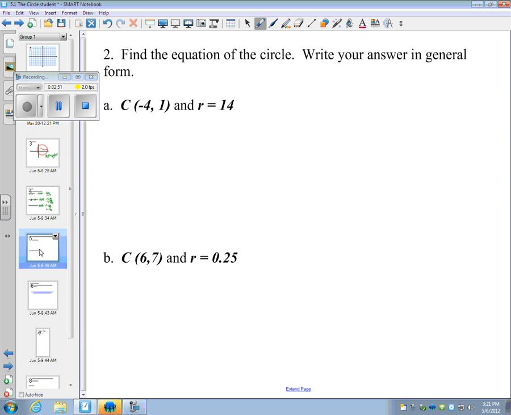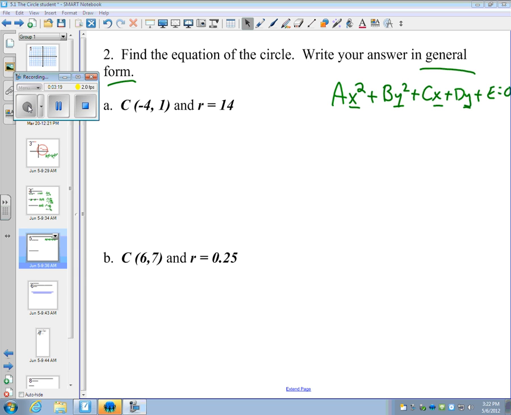Here it says now we need to find the equation. Write your answers in general form. General form looks like this: Ax squared plus By squared plus Cx plus Dy plus E, something like that. So we go down in ascending order.